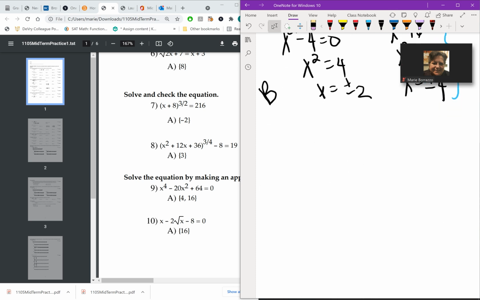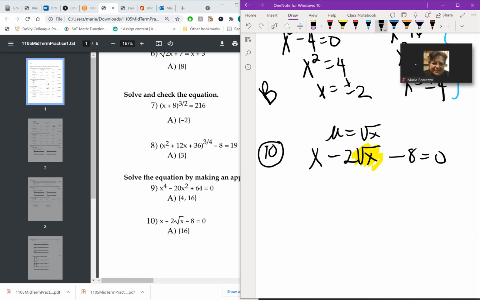Okay, now question number 10, I would with no doubt use u substitution. In this question, you have x minus 2 square root of x minus 8 is equal to 0. So given that this is my center value, I am going to immediately say that u is equal to square root of x.